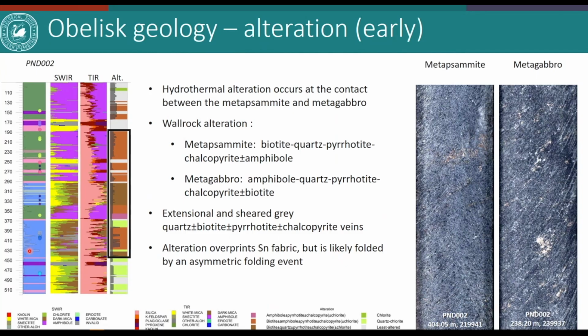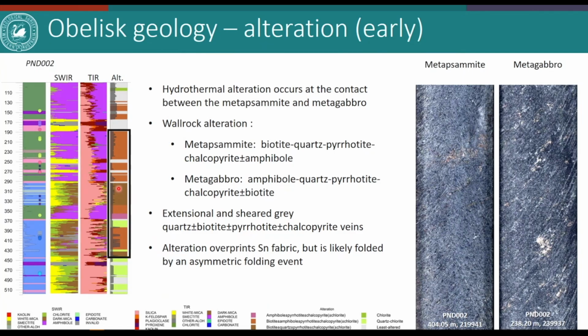The metasedimentary rocks and metagabbro are altered, and in this diagram here I show the results of the spectral scanning with the HyLogger, the shortwave infrared data and the minerals that are interpreted, and the thermal infrared minerals with their legends down the bottom, and I show in a qualitative sense the distribution of altered rocks.